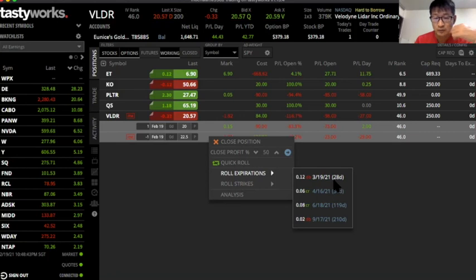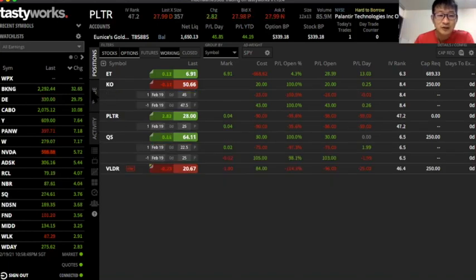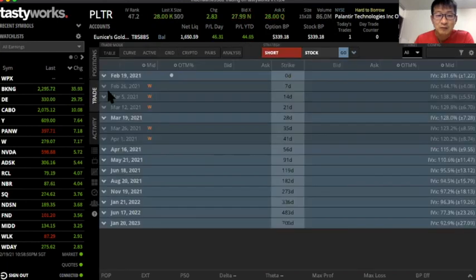If you roll another 28 days, you are debiting an additional 12 cents, rather than taking the 170 loss if you close the position right now. Palantir is interesting, and it has started to bounce back again. So we try to enter again in the March 19 expiration, going out another 28 days on Palantir.